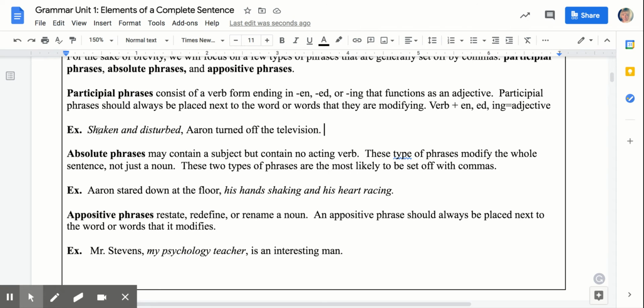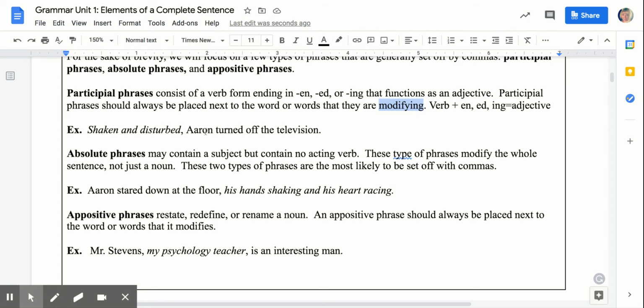Shaken and disturbed. So we took the verb shake and we added en. We took the verb disturb and added ed. Now, what these adjectives do is they modify or essentially give us more information. When I think about modify, I think about more, modified more.